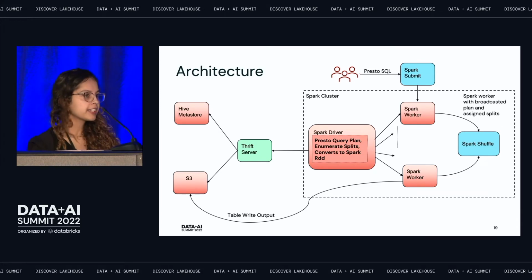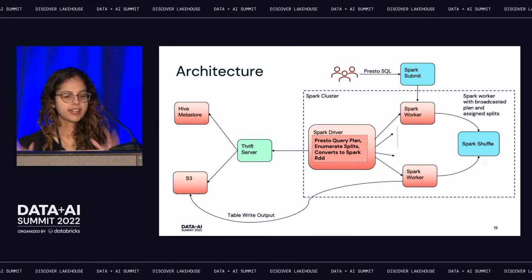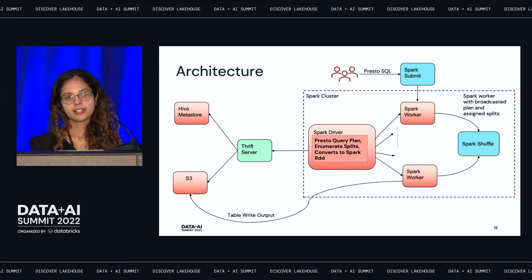You basically deserialize the plan and then convert it into Presto executable operators. So for a scan stage, the input is splits, and your output is the shuffle rows. And say if it is the final writer stage, your input is going to be the shuffle rows from the upstream stage, and your output is going to be, say, write to table.